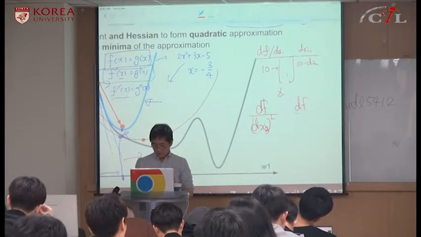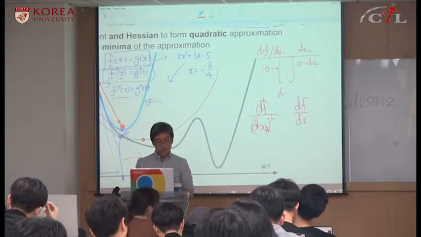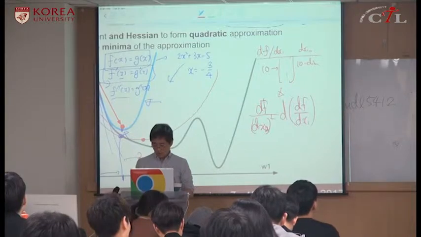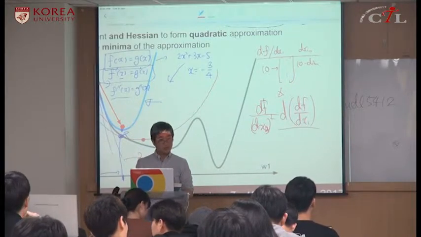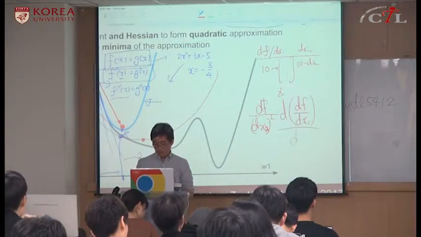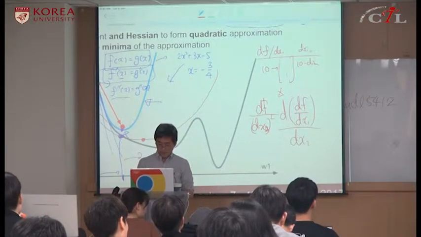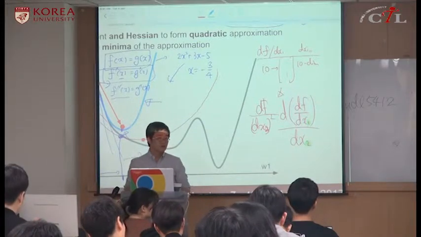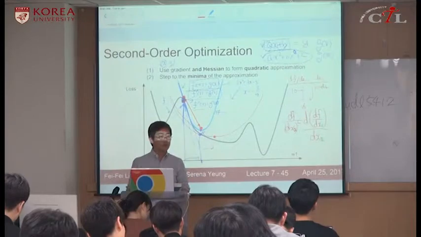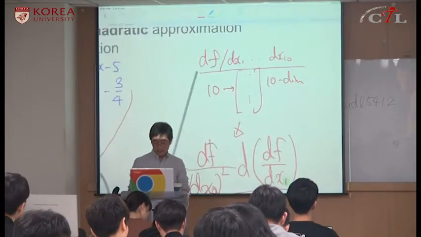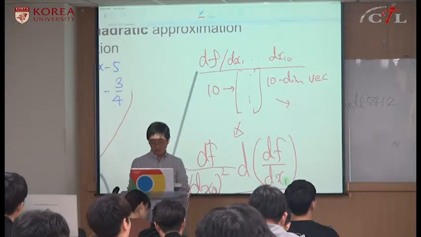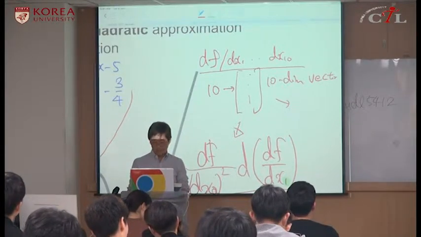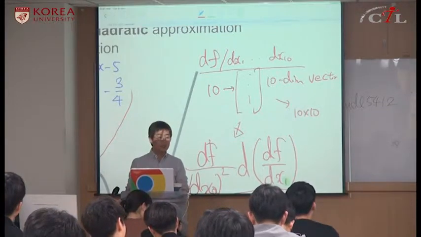We first take the derivative with respect to x1, and then given this function, we also compute its partial derivative with respect to x2. Those two indices can vary from 1 to 10, so while the gradient is a 10 dimensional vector, the second order derivative, which is called the Hessian matrix, has the size of a 10 by 10 matrix.